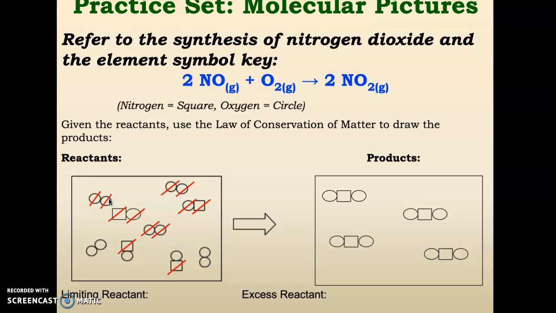Now notice I'm out of squares, so I can't produce any more nitrogen dioxide. So all that must be left is these oxygens, these leftover oxygens. So that tells me that my excess reagent, because I have leftovers, is oxygen, and my limiting reagent is nitrogen monoxide.